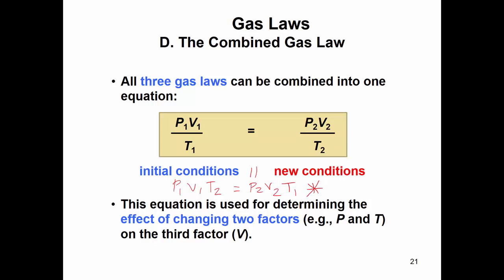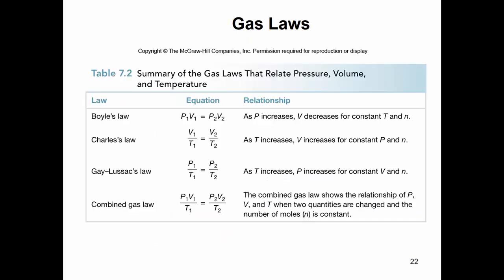This is what I use in class because, like I said, it seems to prevent some mistakes with rearrangement. Remember, P is pressure, V is volume, T is temperature. The ones are for initial, the twos are for the final of those quantities.